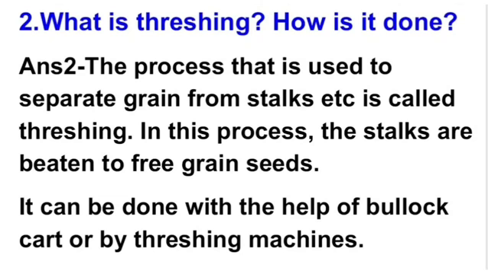In this process, the stalks are beaten to free the grain seeds, and on beating they get separated from their stalks. It can be done with the help of a bullock cart or by threshing machines, like a thresher.